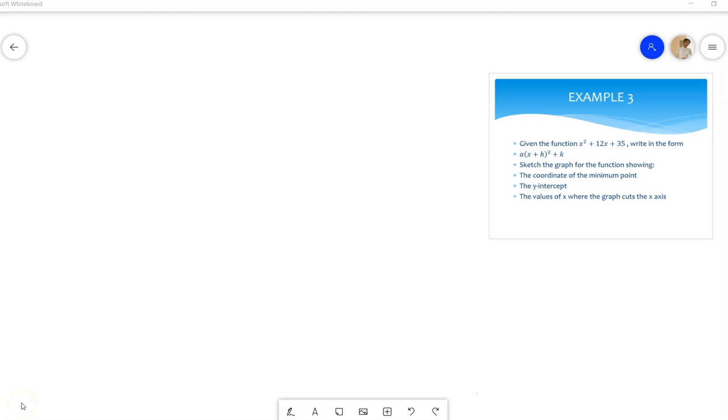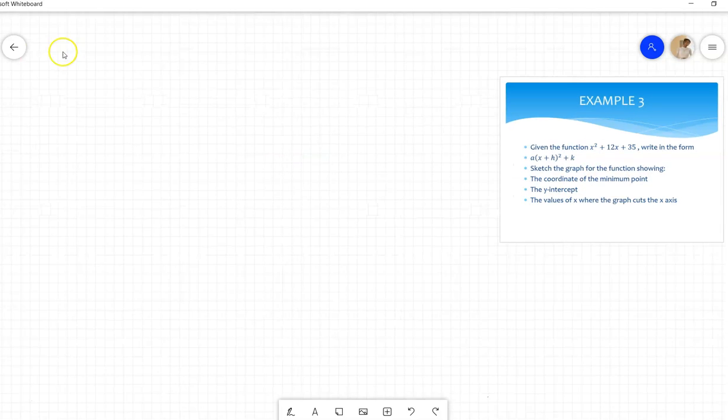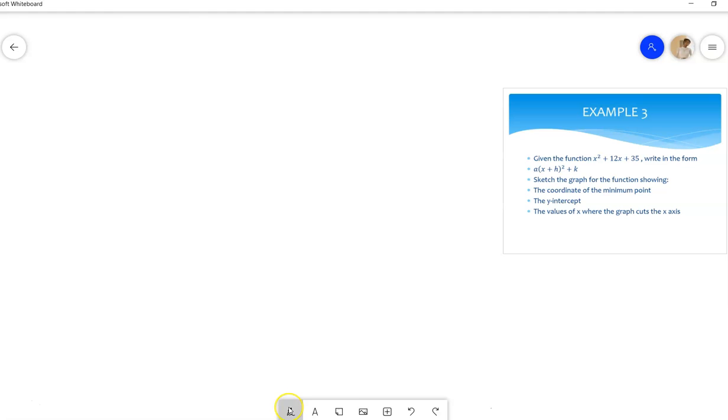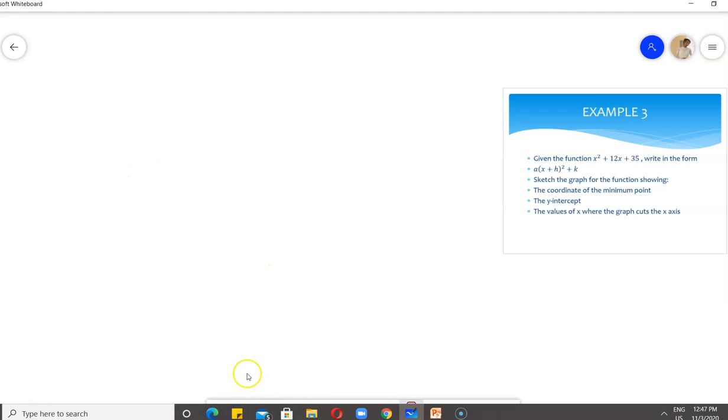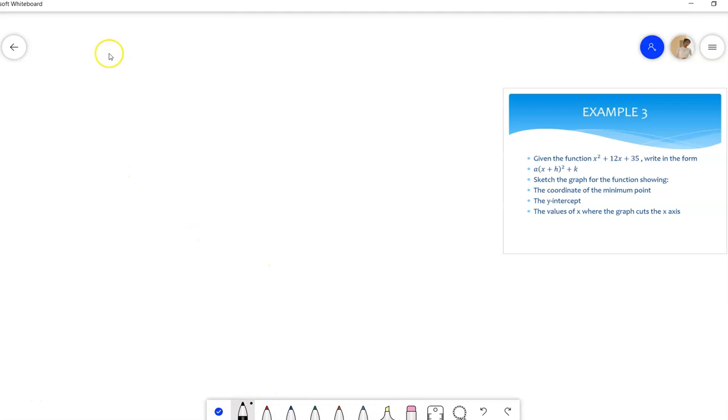Hola. So we're going to look at an example where the coefficient of x squared is 1. As per usual, seeing that you would have already learned completing the square, I'm not going to go through the process.